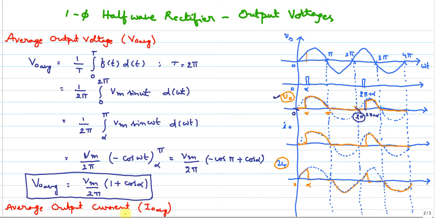So average output current will be equal to V naught average divided by R, which can be equal to Vm by 2 pi R into 1 plus cos alpha. So this is the average output current. Now let's move on to the RMS output voltage and RMS current.